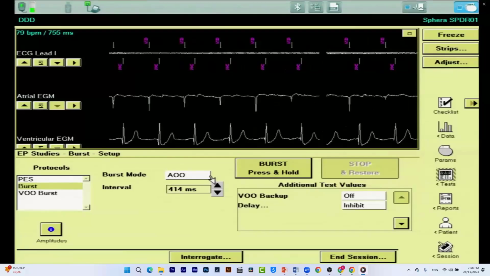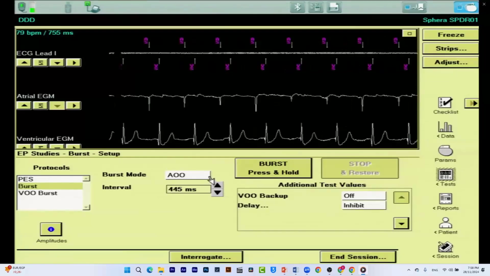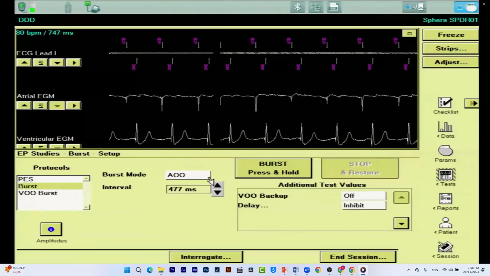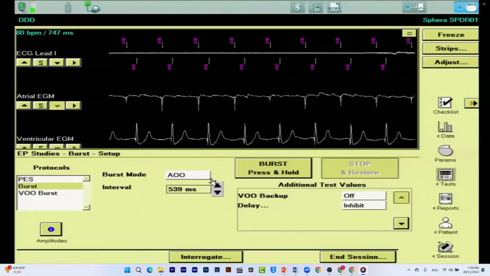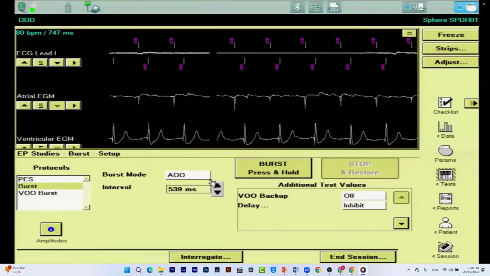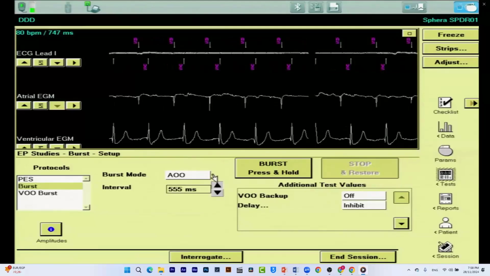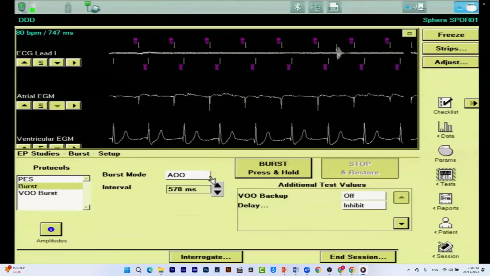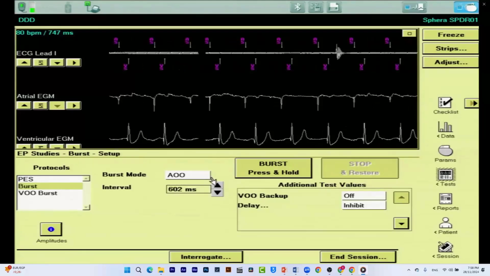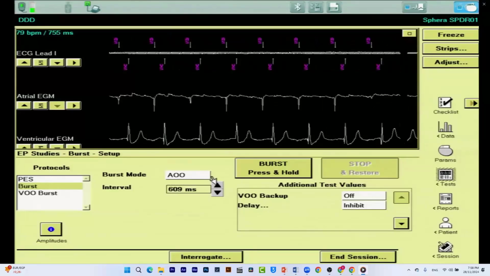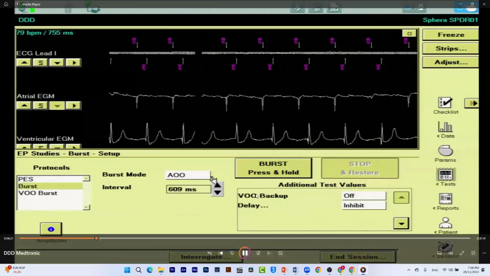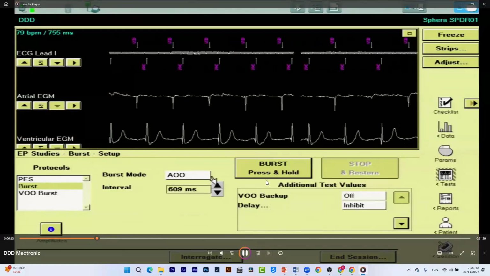Here I am increasing the cycle length to 600. Okay, and I will press now.